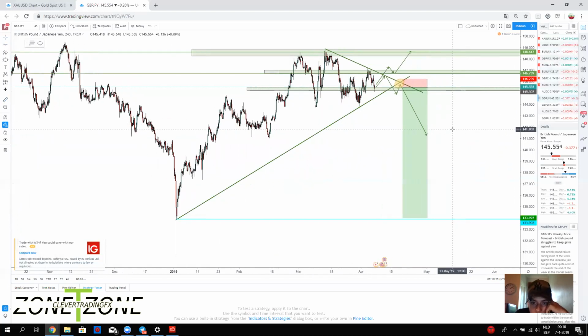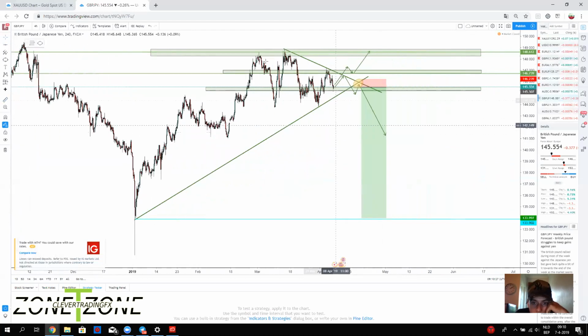These are the trades I'm not looking for, but GBP JPY, we have a symmetrical triangle right here, and it's in an uptrend. So I want to see how price will be reacting. It could be that it's chopping for another week right here, then goes up. But you want to see how price is reacting at this point. If it happens to break, retest, and go all the way down, we really have a beautiful swing trade opportunity.